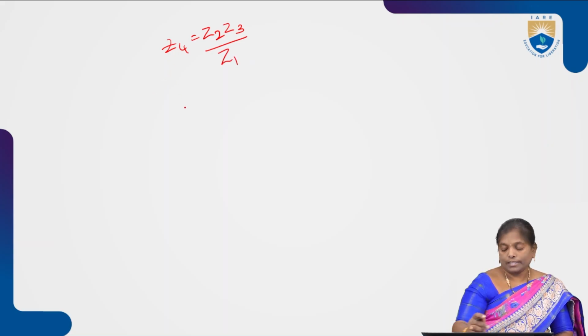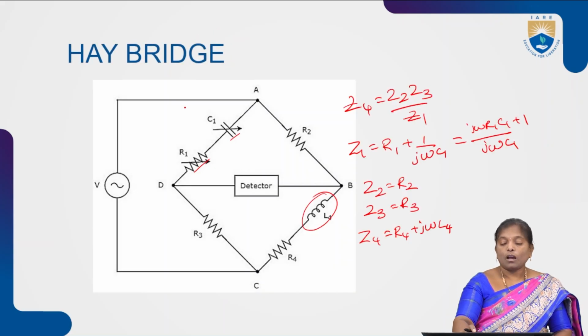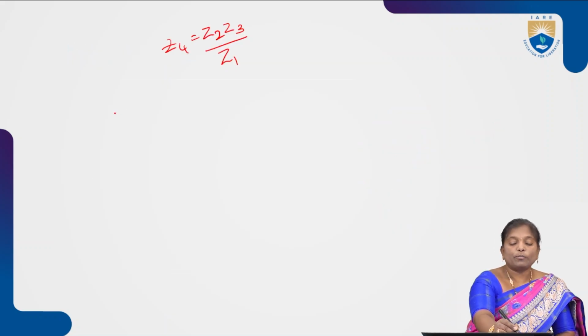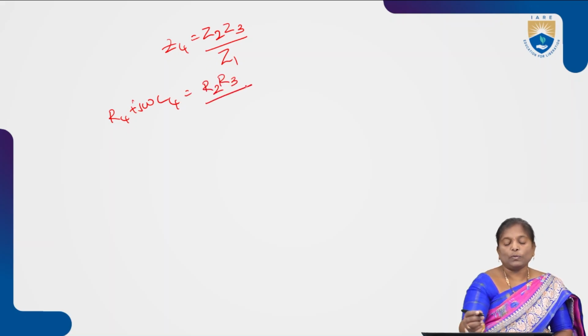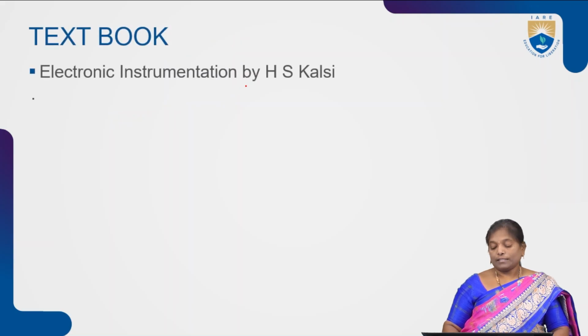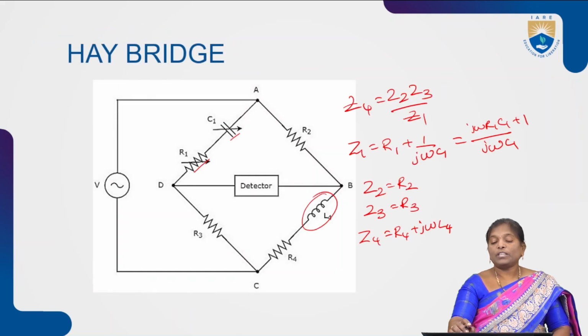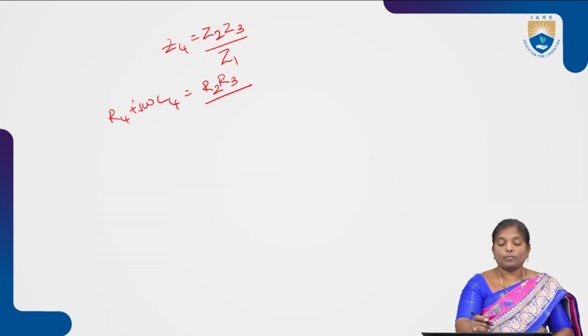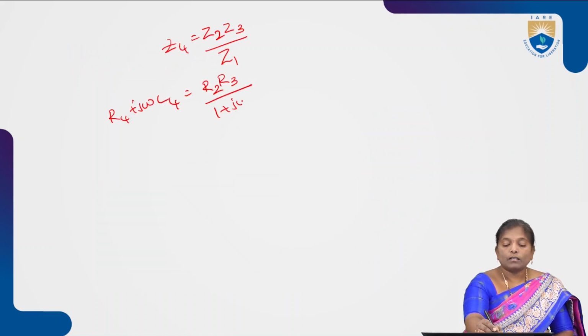We know that Z4 is what? R4 plus j omega L4 equal to Z2 is R2 and Z3 is R3 whole divided by Z1, which means 1 plus j omega R1 C1 by j omega C1.